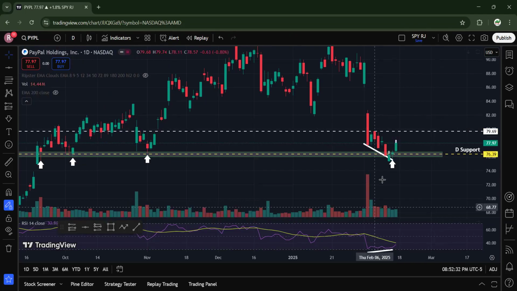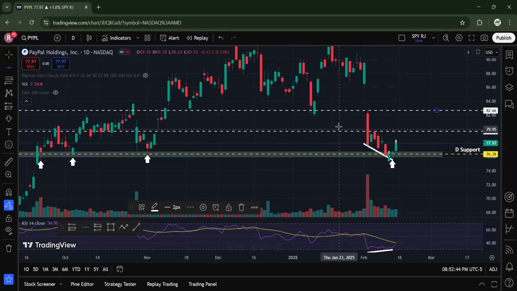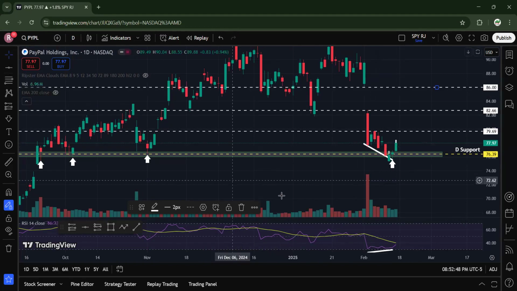So like 79.7 could be a place to look to trim. Another place could be where this gap starts, 82, where this gap ends, 86.